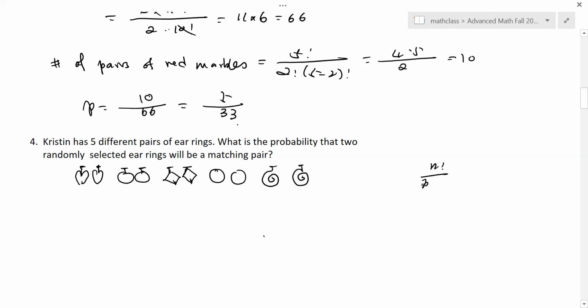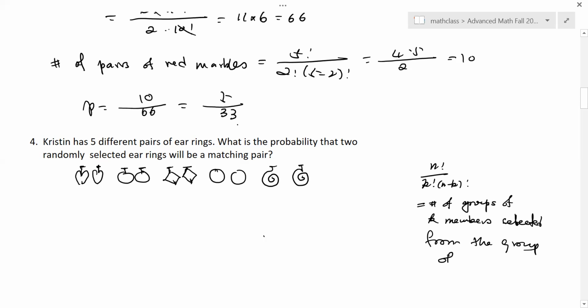n factorial over k factorial times (n minus k) factorial. This is actually the number of groups of k members selected from a group of n members.